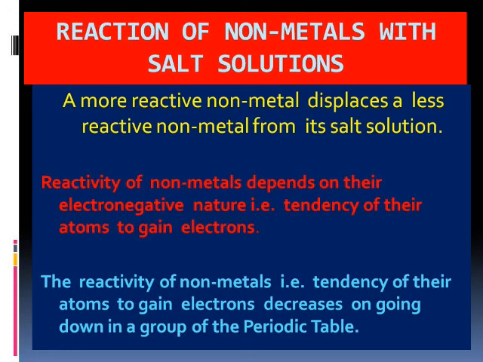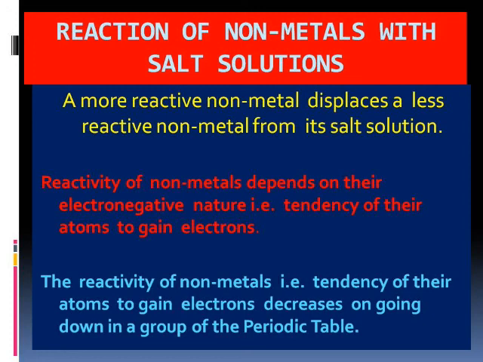The chemical reactivity or electronegative nature of non-metals decreases on going down in a group of the modern periodic table. As we go down in a group of non-metals, the tendency of their atoms to gain electrons decreases, due to which their reactivity also decreases.